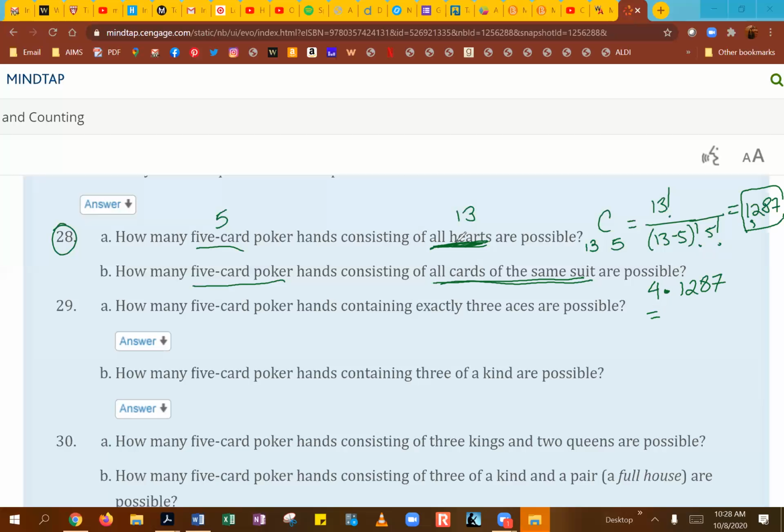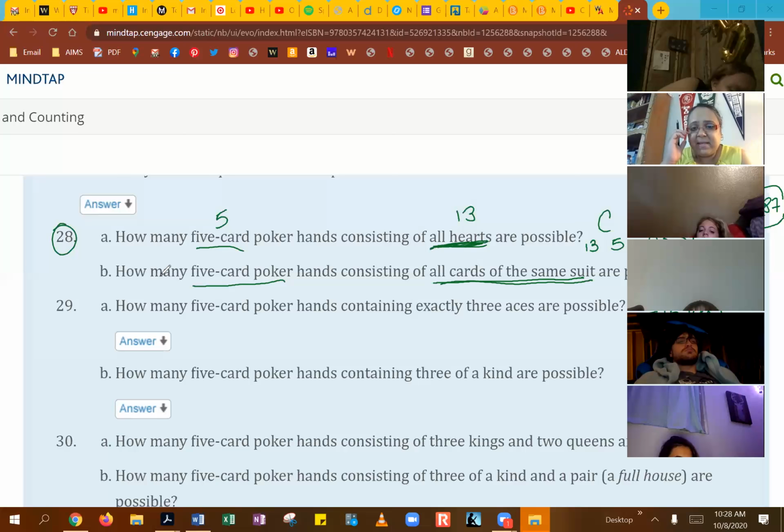So you're just doing 4 times 1287, which will of course come out to be 5148. So just multiply the answer you got from part A by 4, and you will get your answer for part B. Does that make sense?